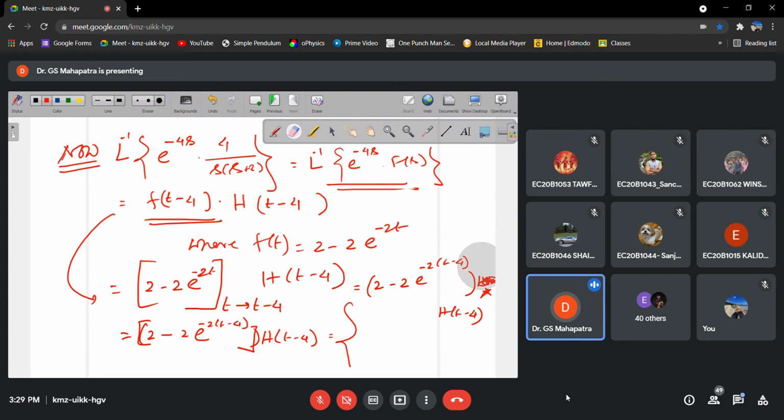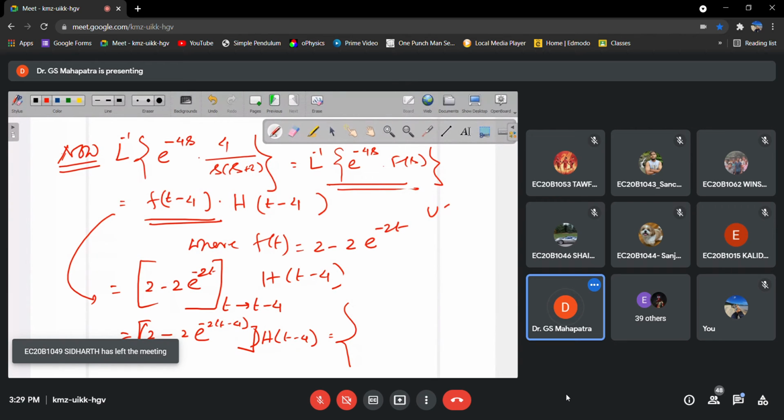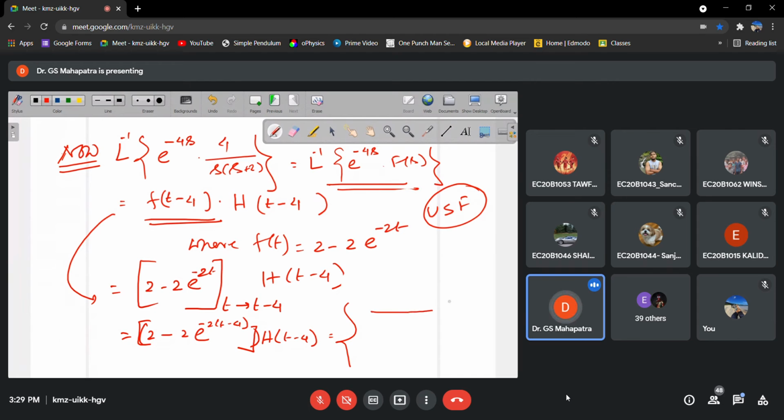That means the function form, not with the Heaviside unit step function, just directly the function. So I will write something, this question mark, if t is less than 4, and a double question mark, if t is greater than or equal to 4.